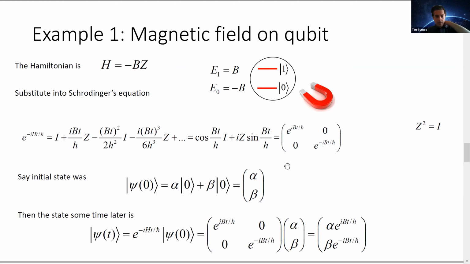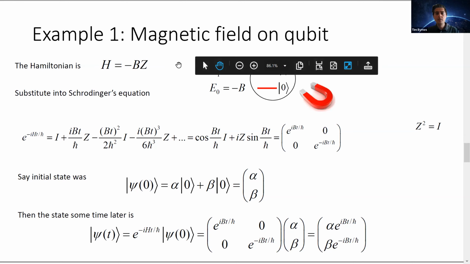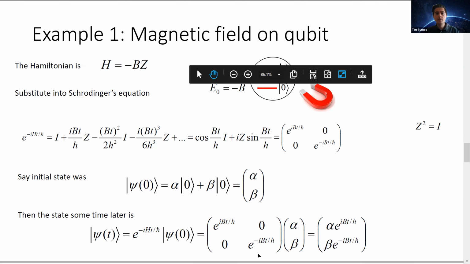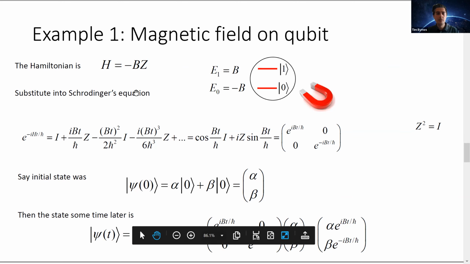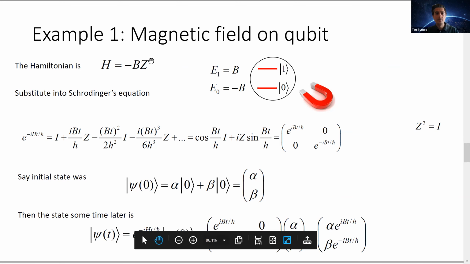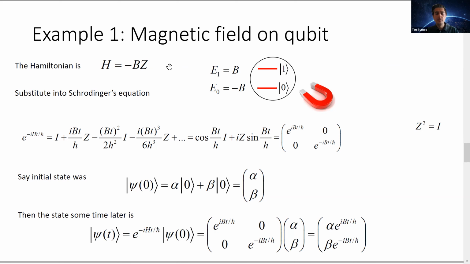Let's look at this example, where the Hamiltonian is the first example that I had before, which is H equal to minus B times Z, and the Z matrix is the usual Z that we always have. Physically, it's something like this.